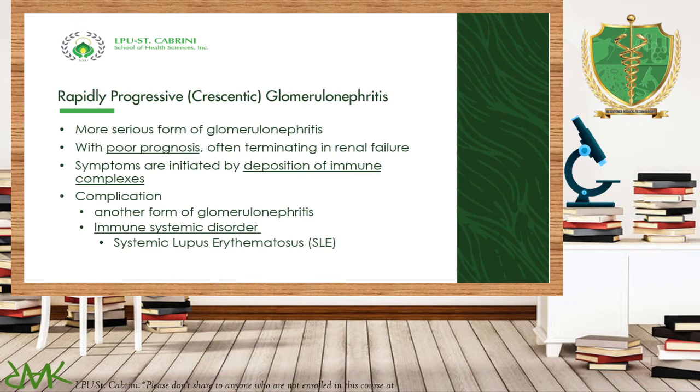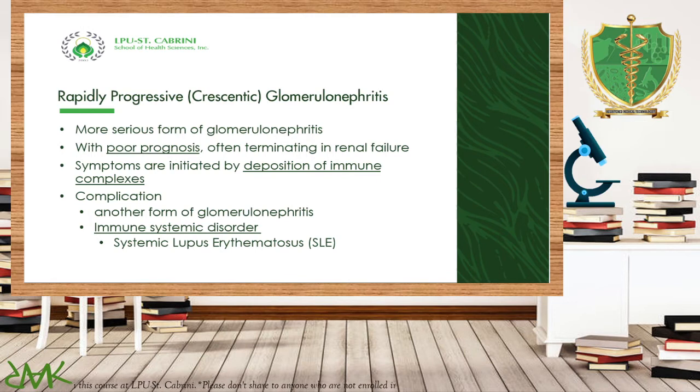Now, immune systemic disorder is one of the conditions why someone develops rapidly progressive glomerulonephritis. The best example of that is SLE, or systemic lupus erythematosus.